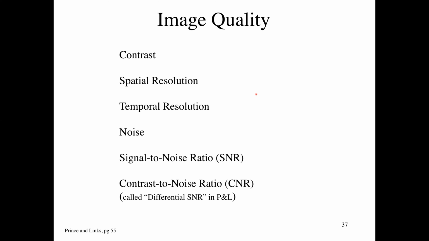In CT, the noise is essentially the limited detection of photons. So if I have my photon detector and I put a very bright X-ray flashlight and every element on my detector gets at least 300 counts, then I'm very confident in the number of counts that hit every detector, right?